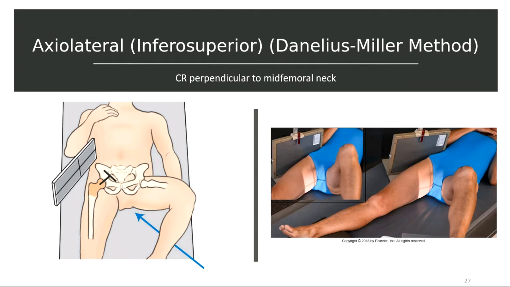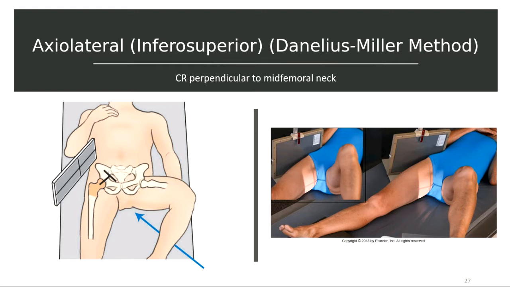And notice it says your central ray is perpendicular to the mid-femoral neck. All right, the technique on this, you are not misunderstanding me. It is significant. It is 90 kVp at 40 mAs. 90 kVp at 40 mAs for this Danelius-Miller.